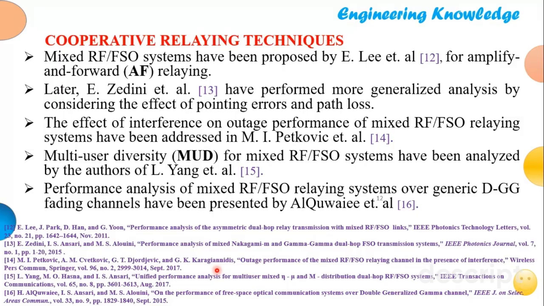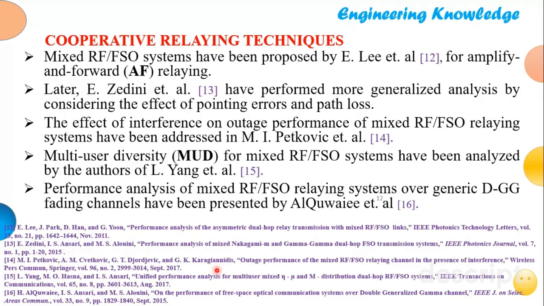These come under the broader category of cooperative relay systems that I already introduced in lecture number 11 and analyzed mathematically in 11 and 12. You can see those lectures. So there is a concept of mixed RF FSO system which was proposed in the 12th reference by Lee, and for amplify and forward relaying, they introduced it.